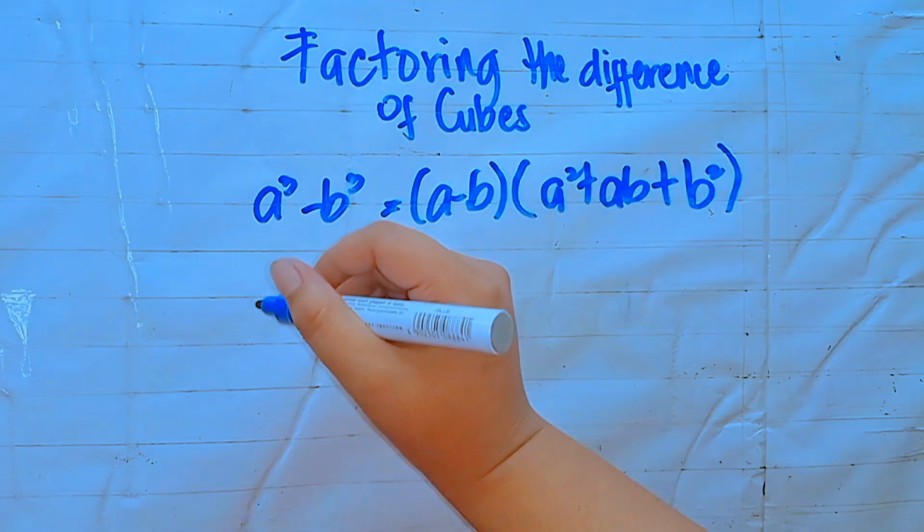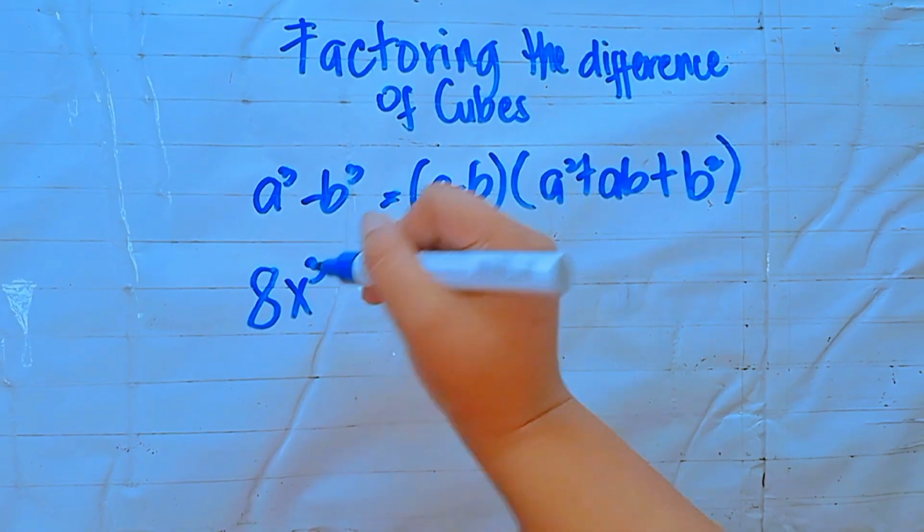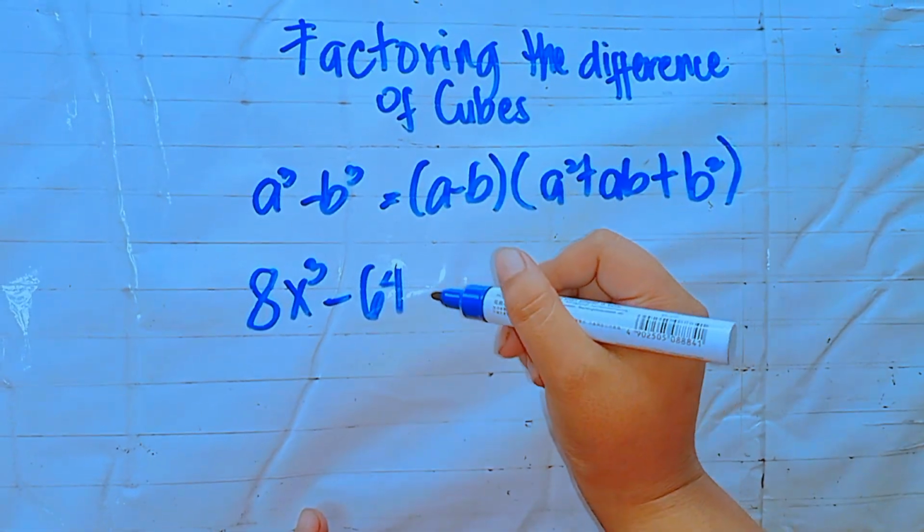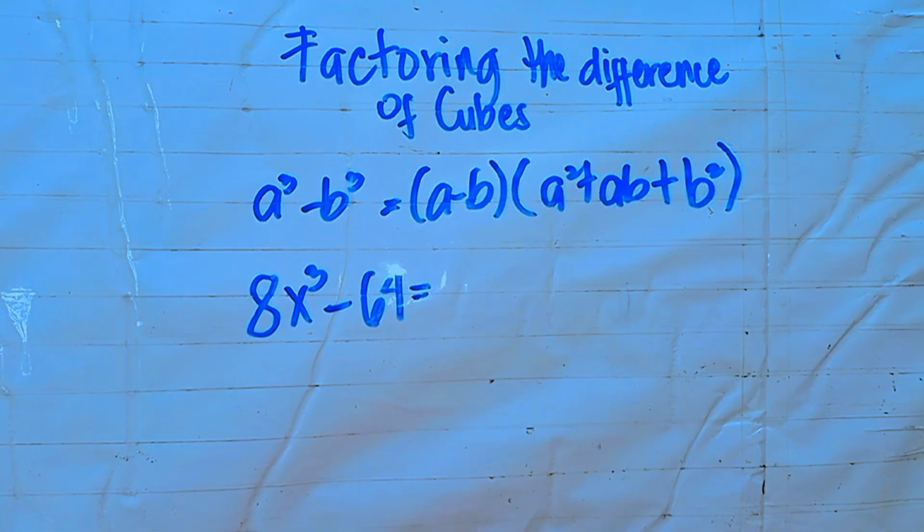We have here the equation 8x cubed minus 64. So, let's find a and b first.